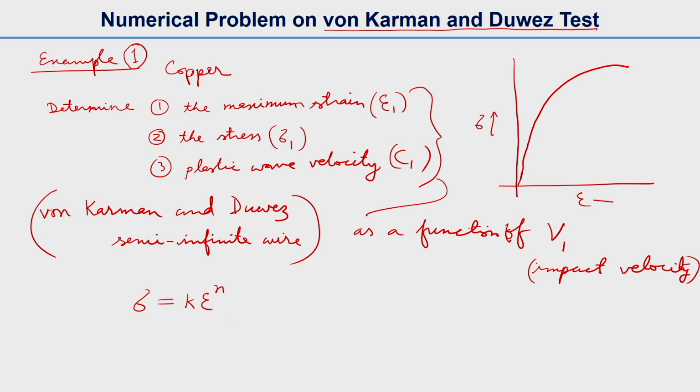What we can do is plot that in logarithmic scale: the natural logarithm of sigma is log k plus n log epsilon. We'll plot it here, with the natural logarithm of strain epsilon and log of sigma.